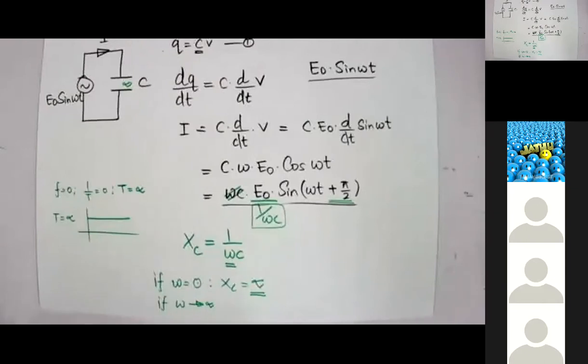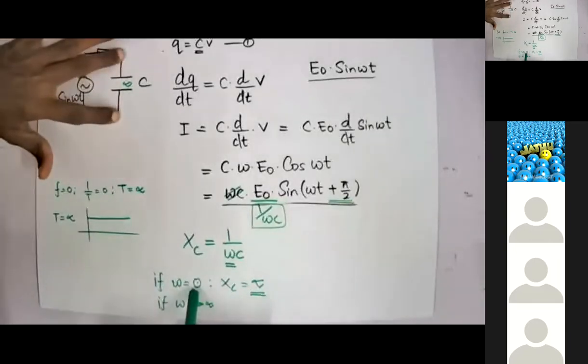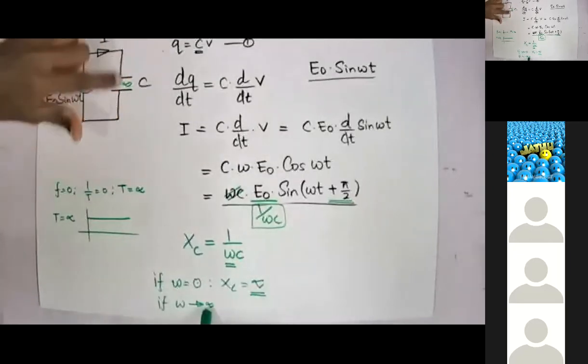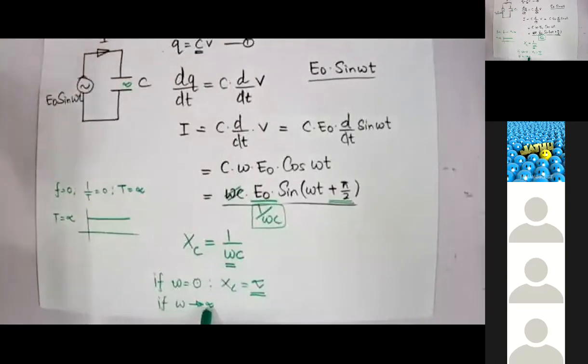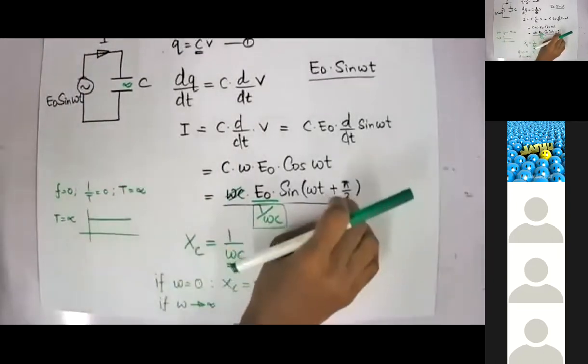Yes, it's correct. Someone of you has sent the answer in Zoom as well. So if your frequency is 0, the capacitor will be open circuited. If your frequency tends to infinity, your capacitor will be short circuited. Clear?